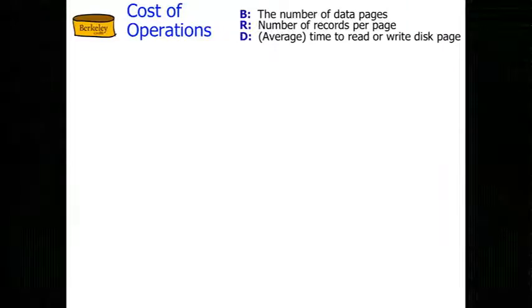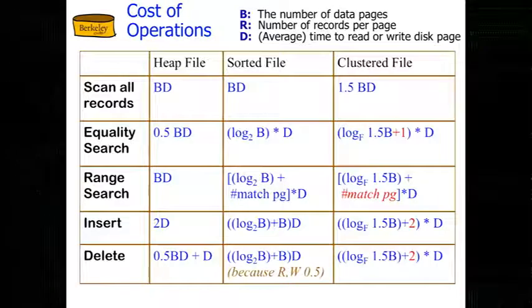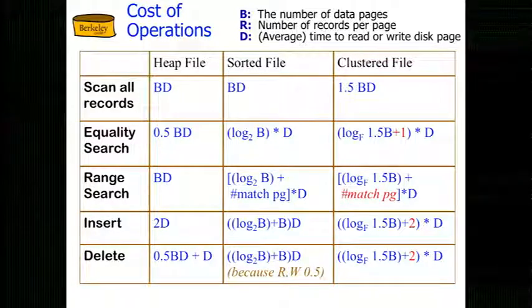All right, with all that, we can now talk about the last column of our table, the clustered file column. Ooh, and I'm filling it in all at once. So we'll just have to figure it out loud. Why is it 1.5 BD to scan all the records in this clustered file? Ignoring the index, just scanning the file.